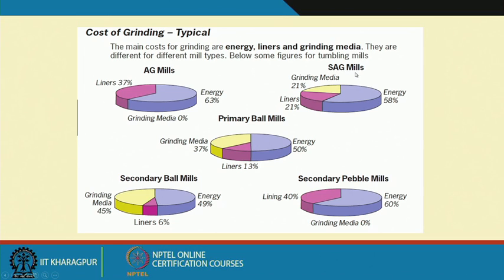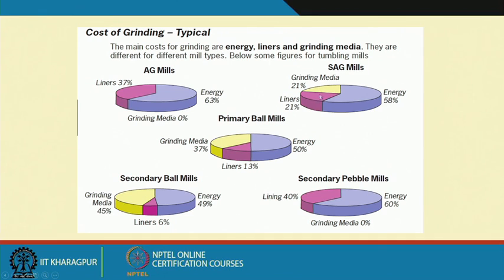When you are looking at SAG mills, the grinding media share is 21%, liner share 21%, and energy is 58%. So, if you add them together, it becomes 42%, the grinding media and liner.